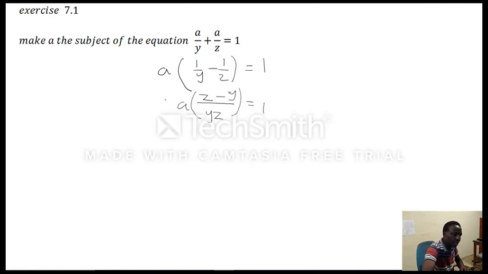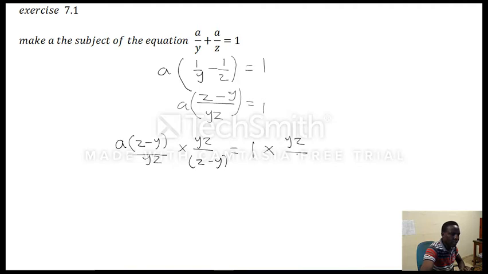I'm going to multiply both sides by the reciprocal of z minus y over z, which will be A into bracket z minus y over yz times yz over bracket z minus y is equal to 1 being multiplied by yz over z minus y.